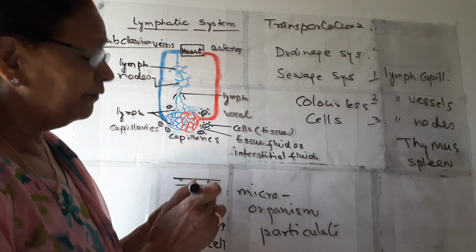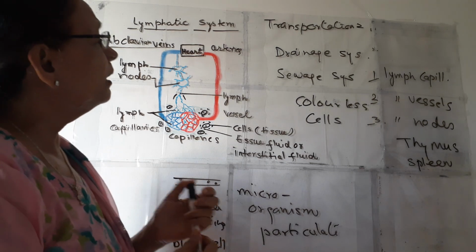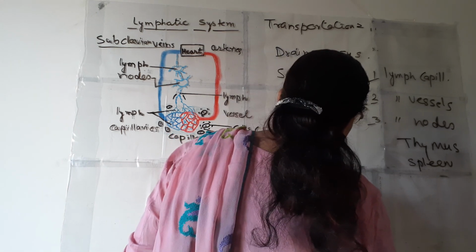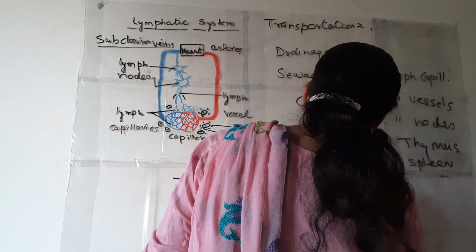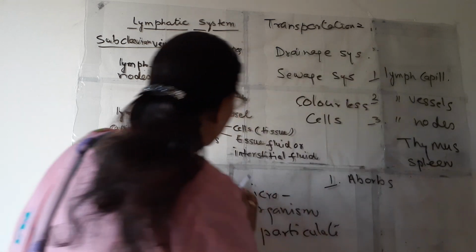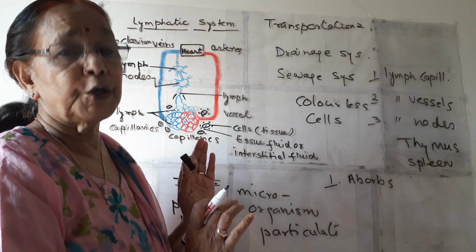Now, what are the different functions of the lymphatic system or lymph? The first function is that the lymphatic system absorbs all the tissue fluid which is there around the tissue.